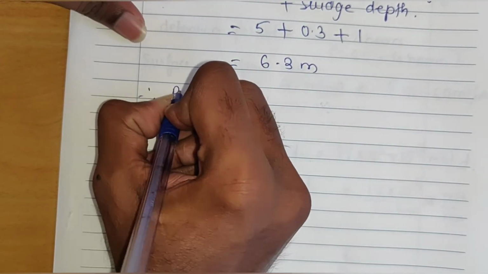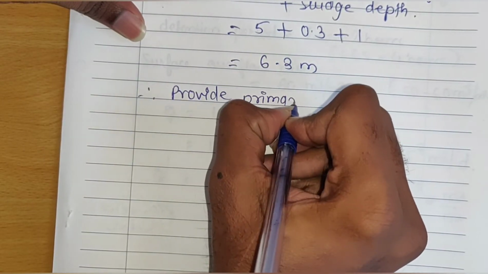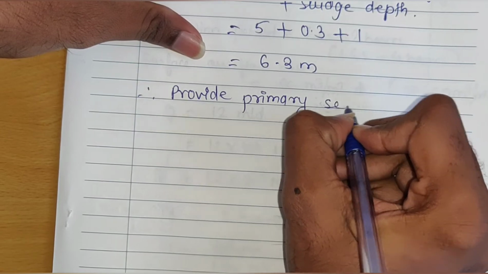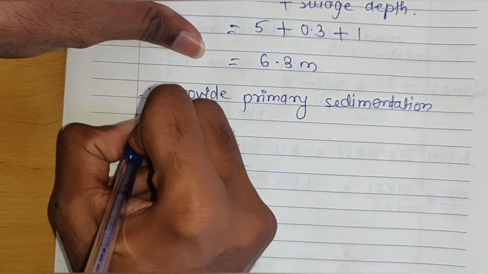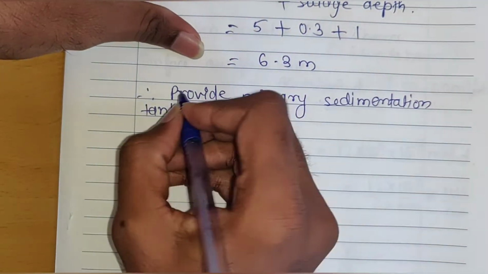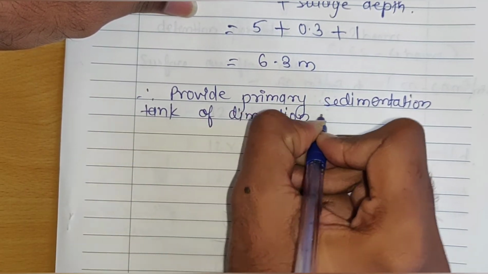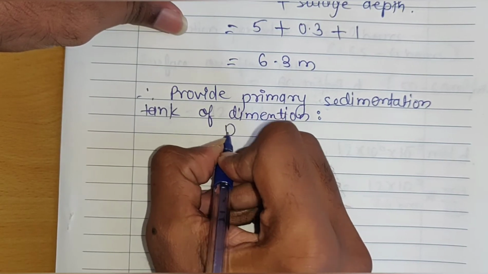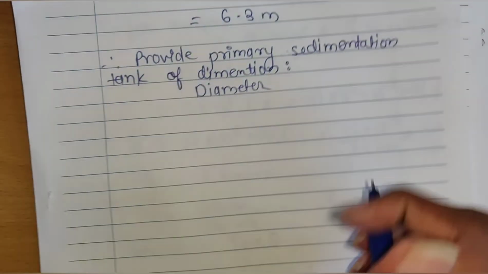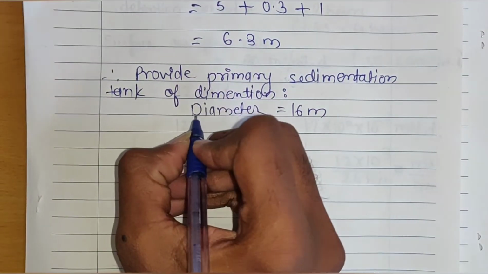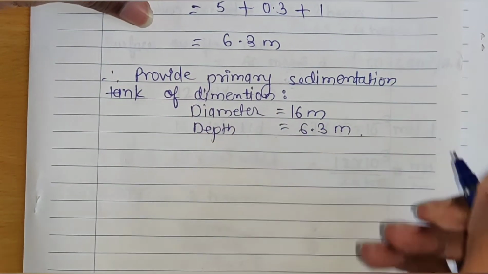So provide primary sedimentation tank or settling tank of diameter equal to 16 meter and depth equal to 6.3 meter. Thank you.